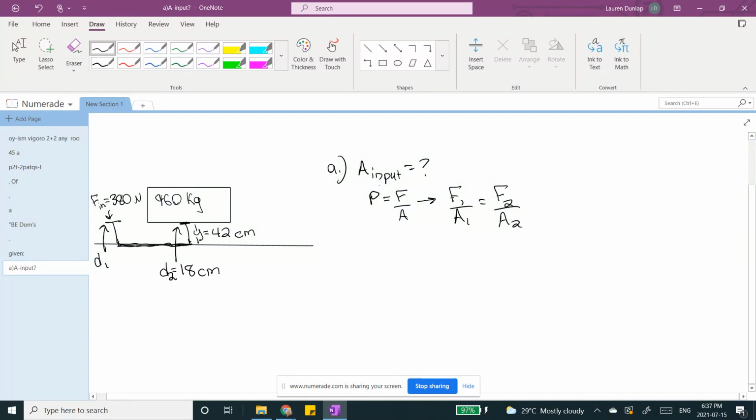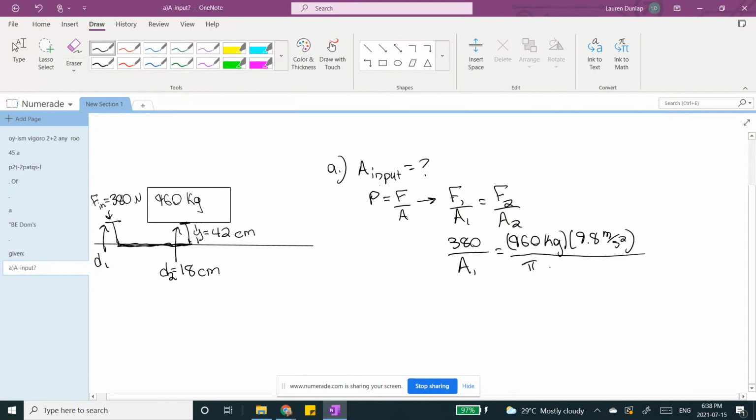And that means that 380 over A1, which is our unknown, equals 960 kilograms times gravity, which is 9.8 meters per second squared, all over area 2, which is going to be pi r squared.